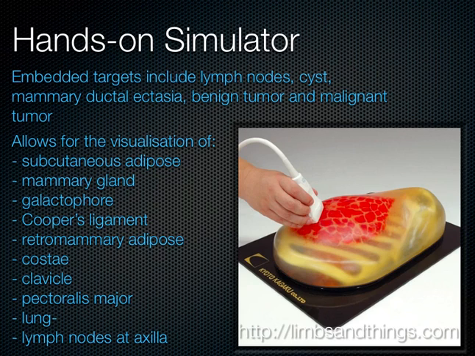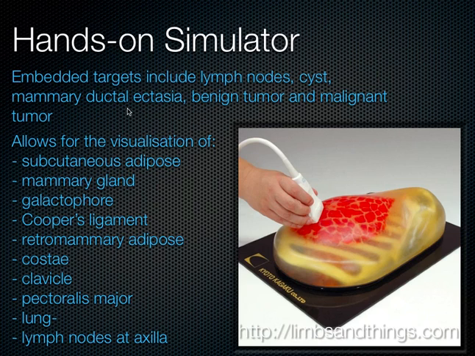In terms of hands-on practice with ultrasound, it would be great if we had the simulator. We don't have this simulator. I'm working on trying to acquire it. Perhaps going forward we can get our hands on this. It's not very expensive, and it's got all kinds of goodies in here, like lymph nodes, cysts, ductal ectasia, tumors, and other things.